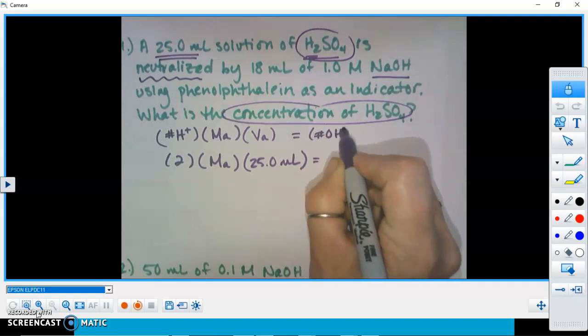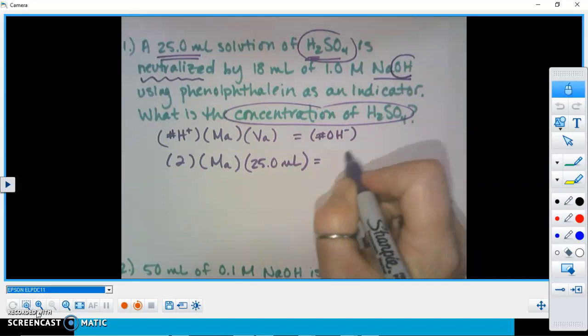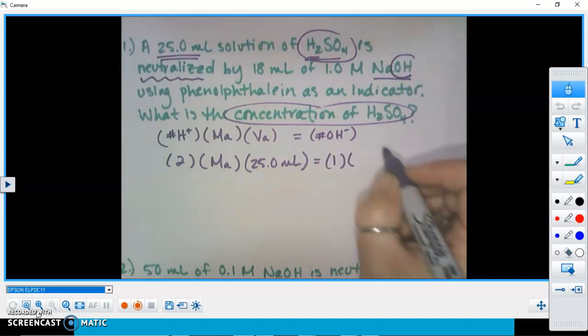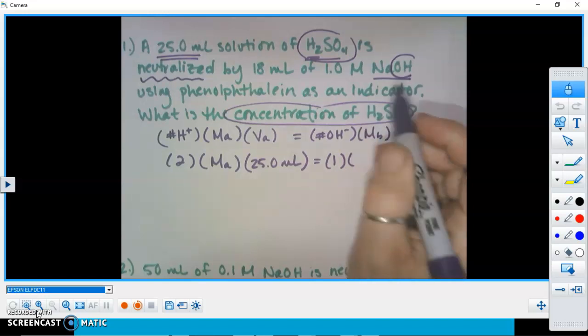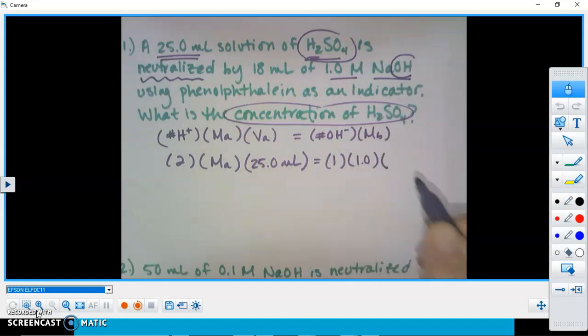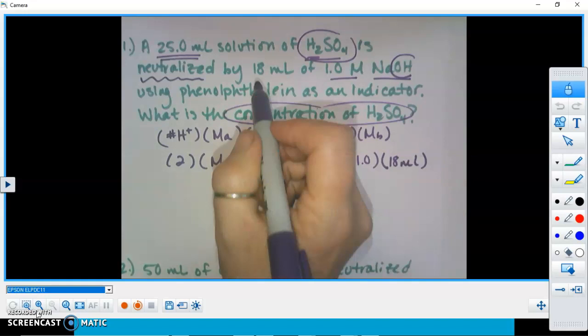On the other side of the equation, we have the number of hydroxides. In NaOH, there's just 1. The molarity of the base is also 1 molar. And the volume of the base is 18 milliliters here.